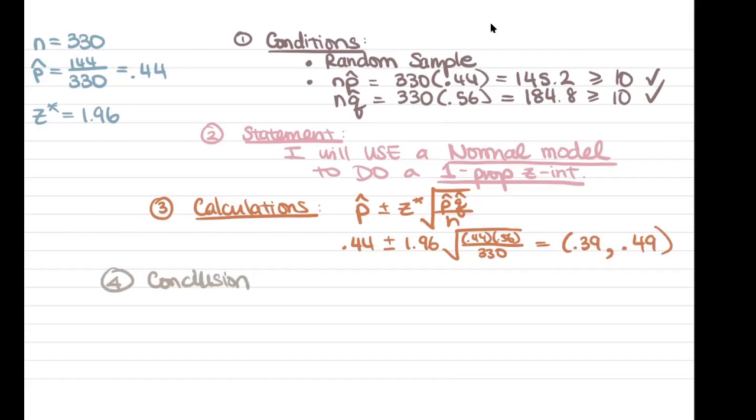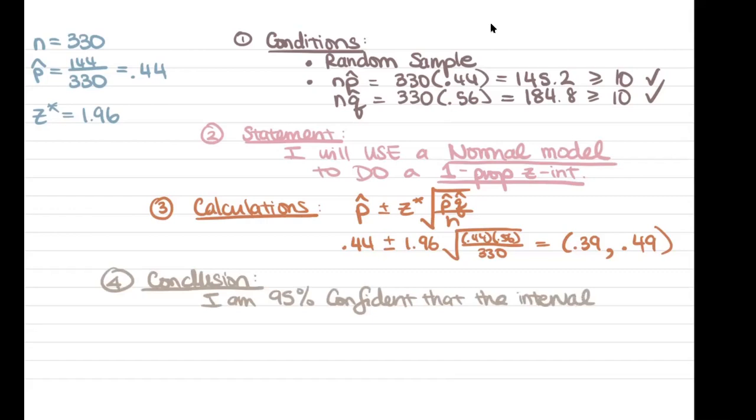Conclusion. Okay. Help me make this last statement, because this kind of puts it all together at the end. Andrea, what do you think? You have to say, I am 95% confident that the interval from 0.39 to 0.49 captures the true population proportion of the actual sentiment of all voters.